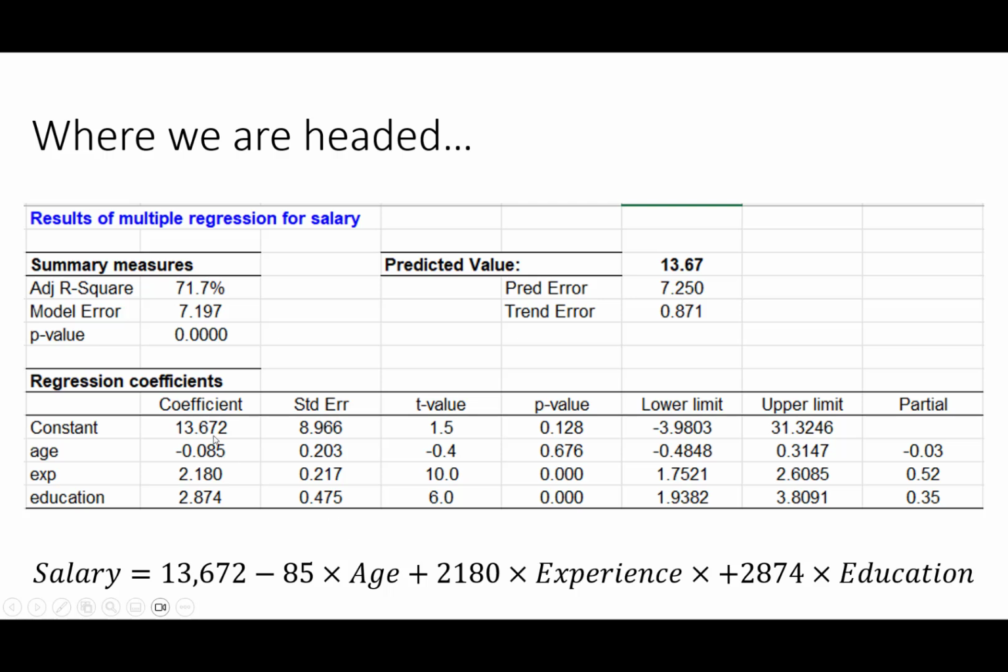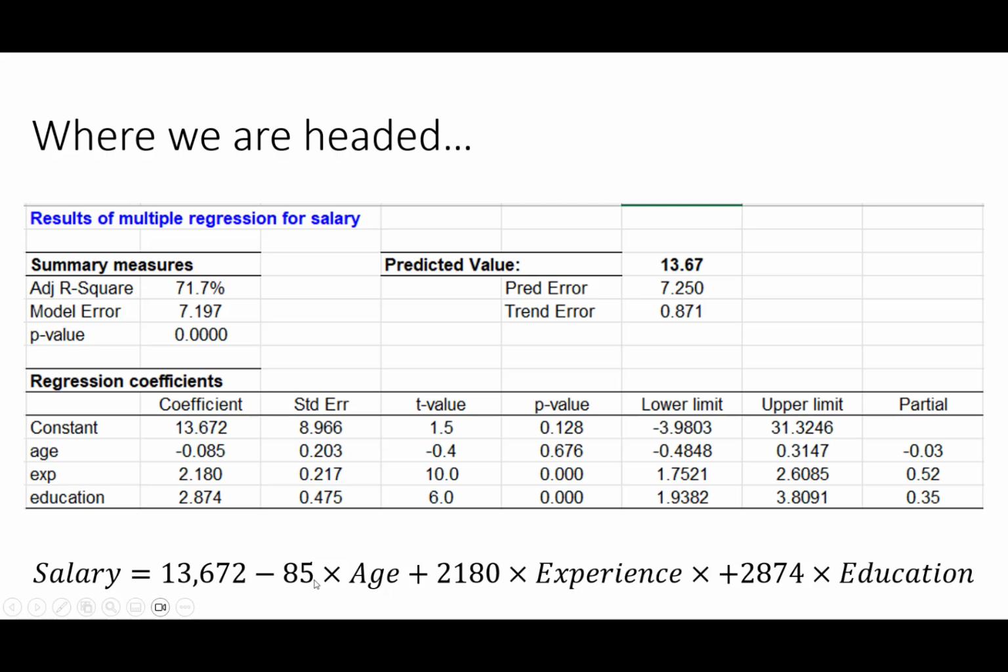And you can look at the coefficients that I've captured in the equation here at the bottom. The coefficients are over in the first column here. So you would be able to predict salary if you knew the age, experience, and education of a candidate. And you would say it would be equal to 13,672. And it looks like every year you get older, salary goes down.